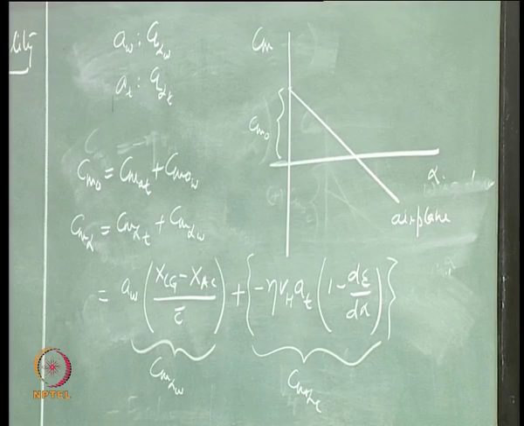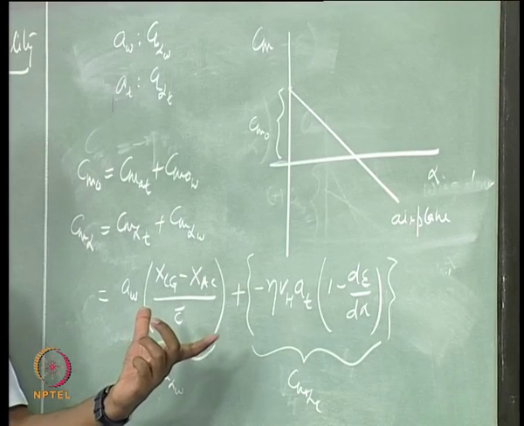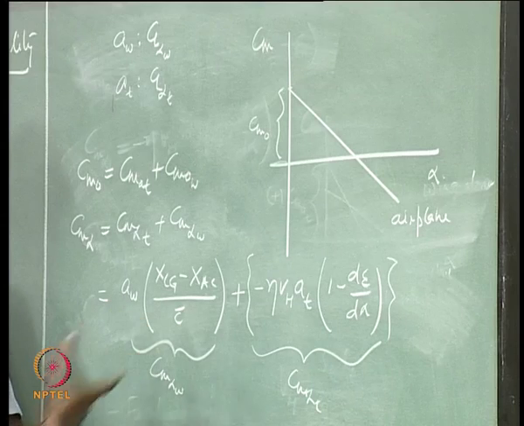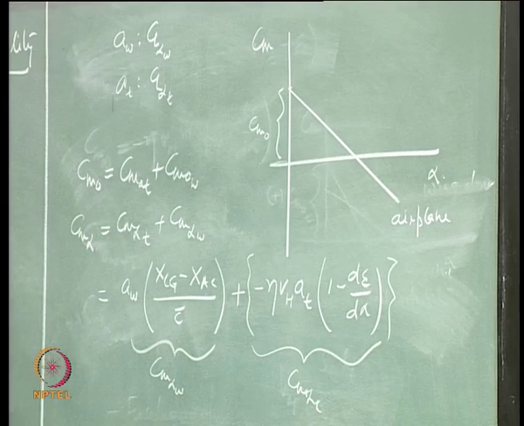Only wing plus tail configuration. We are not yet talking about controls. Okay. Just look at this formula. What is it that may change in a flight?